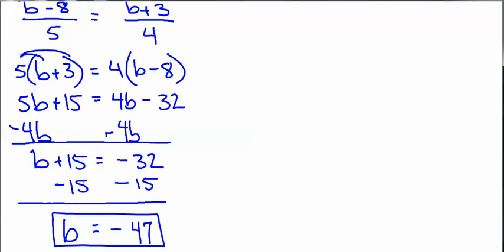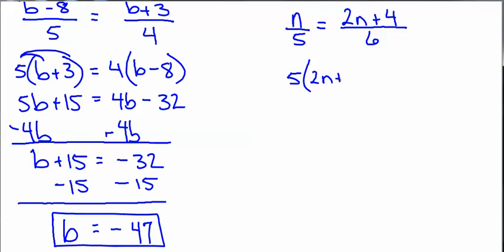Try this. n over 5 equals 2n plus 4 over 6. So you're going to get 5 times 2n plus 4 equals n times 6, or 6n. Now you're going to do the distributive property.